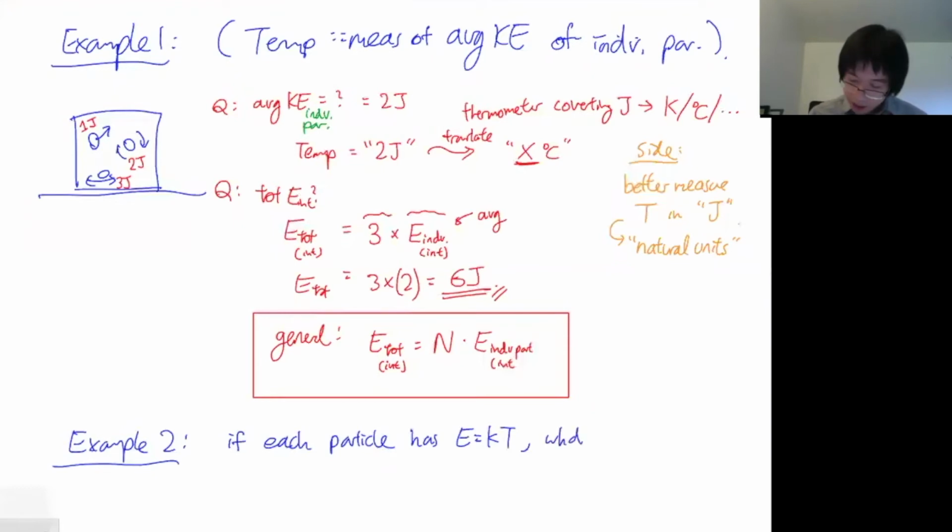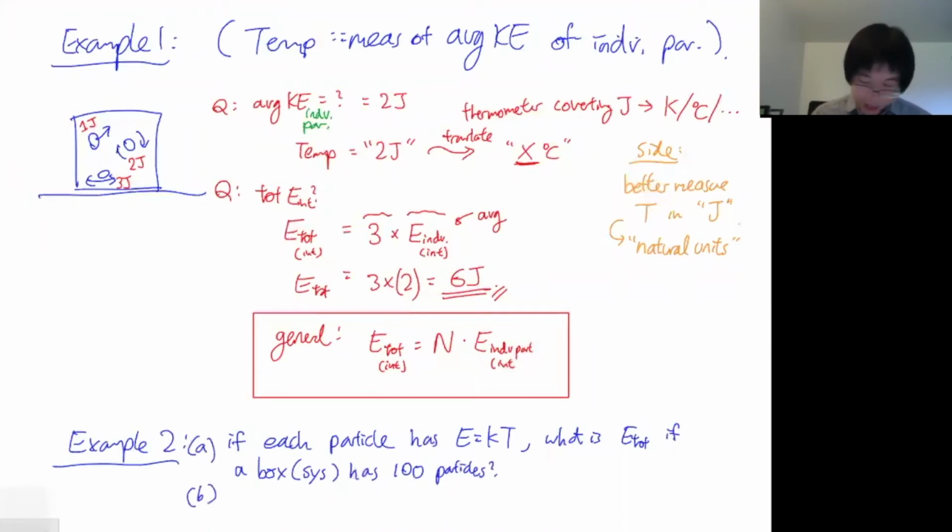What is E total if my system has 100 particles? Let's call that Question A. Question B: if each particle has E equals 1/2 kT, what's the E total?